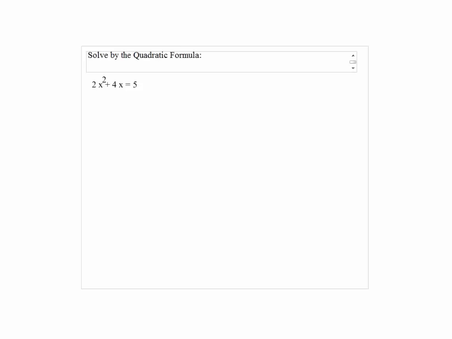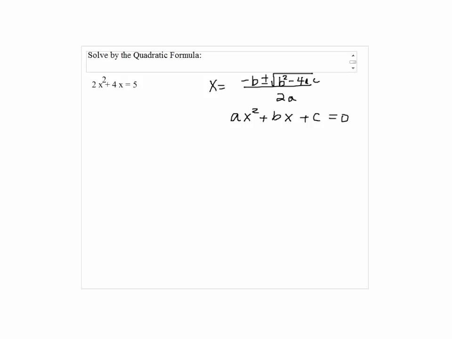Solve by the quadratic formula. The quadratic formula is given by x equals negative b plus or minus the square root of b squared minus 4ac over 2a, for the equation ax squared plus bx plus c equals 0.